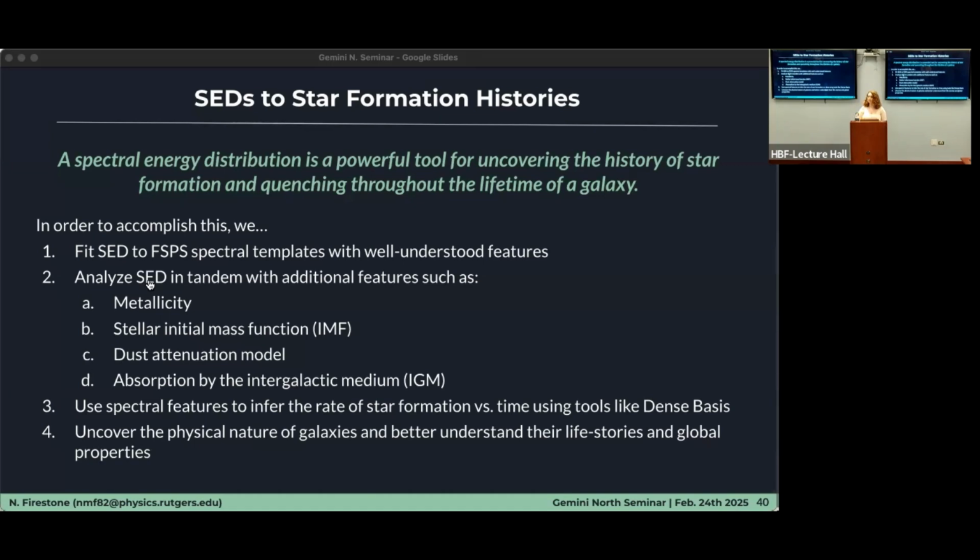Basically all the things that take a generic stellar population and turn them into a galaxy. And then we use spectral features to infer the rate of star formation as a function of time, using tools like dense basis, which I'll tell you more about in a moment. And through these processes, we can uncover the physical nature of our galaxies, and as I like to say, better understand their life stories and their global properties.